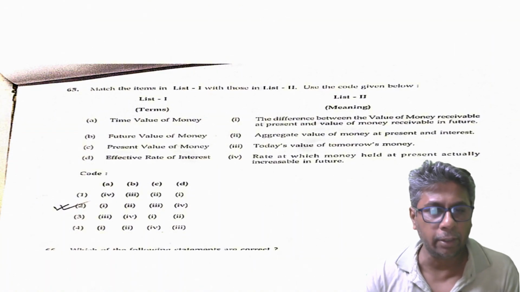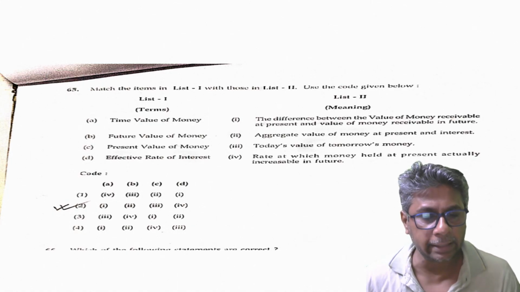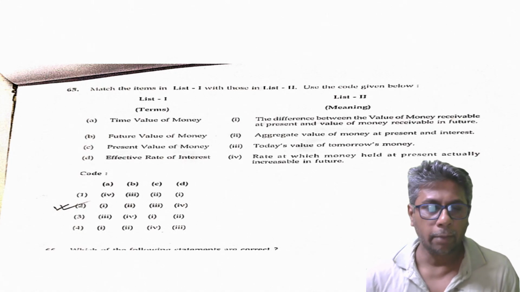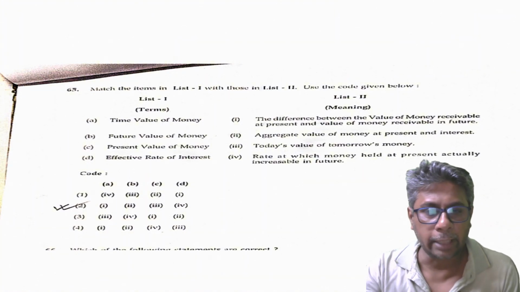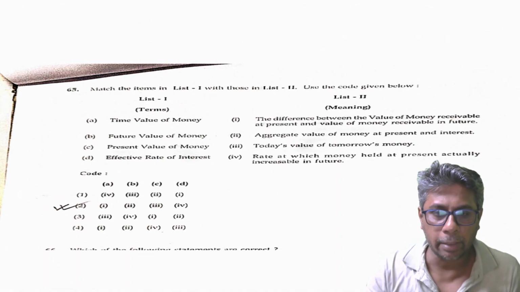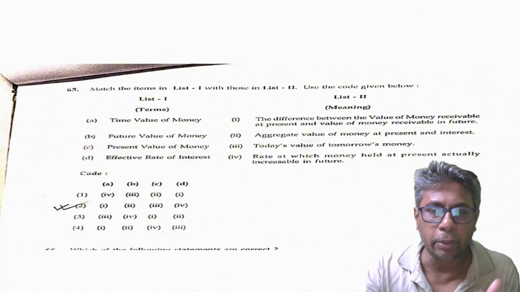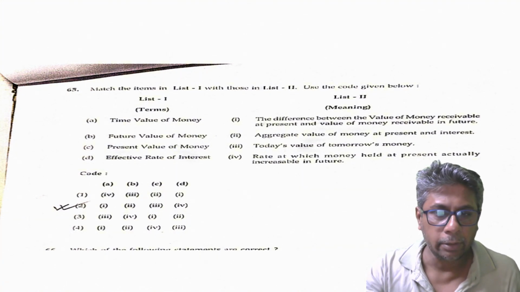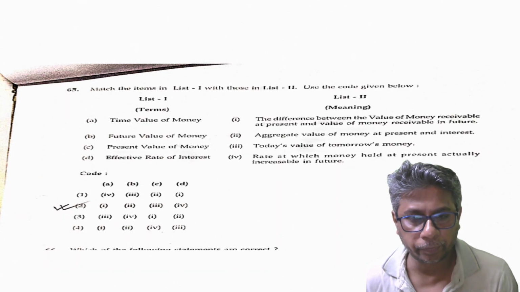Number one, time value of money. Number two, future value of money. Number three, present value of money. Number four, effective rate of interest. So first of all, time value of money. The time value of money is a concept based on the difference between the value of money receivable at present and the value of money receivable in future.